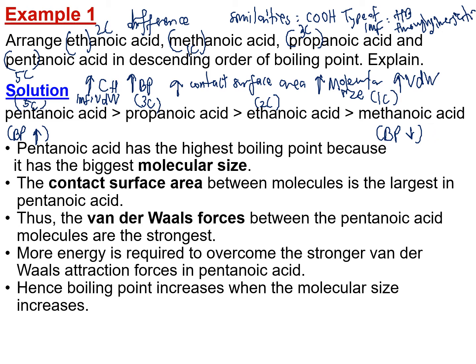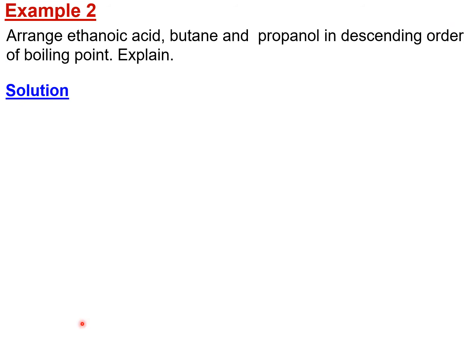Okay. Okay, next example, dia suruh kamu susun ethanoic acid, butane and propanol in descending order of boiling point and explain. Okay, kat sini kita tengok kita ada three different organic compounds with different intermolecular forces between them. Because why?